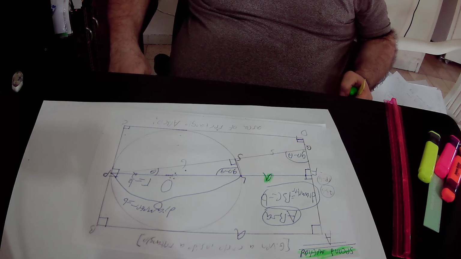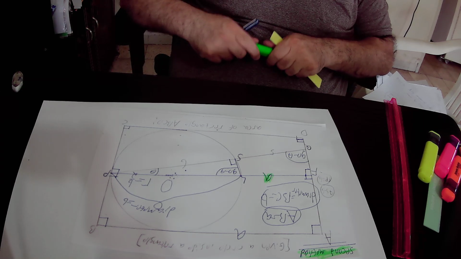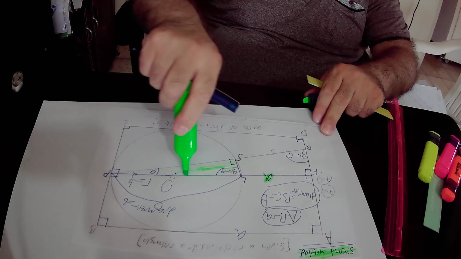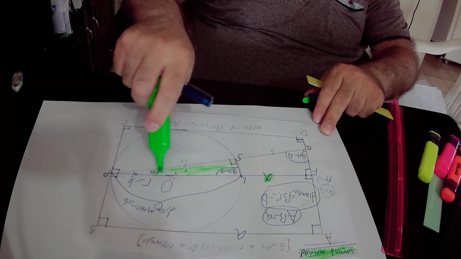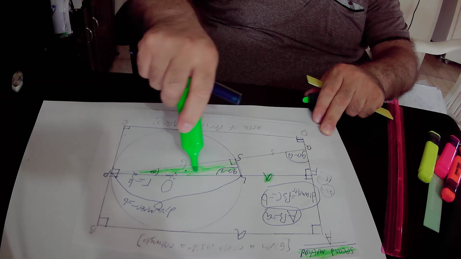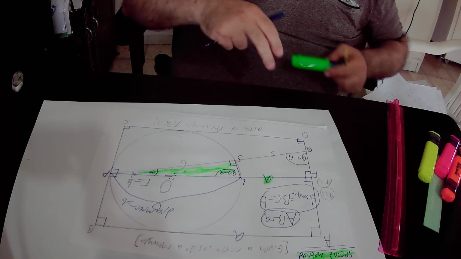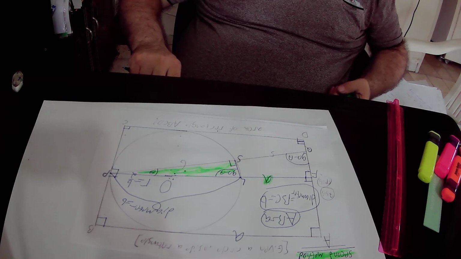So in the next step, we'll prove that the green small right triangle LSP is similar to the big right triangle QFP.